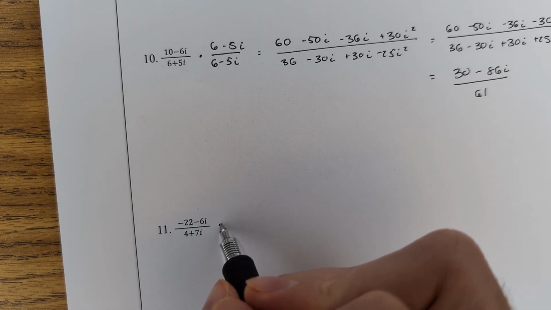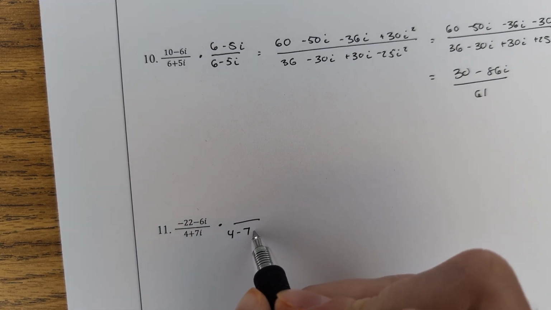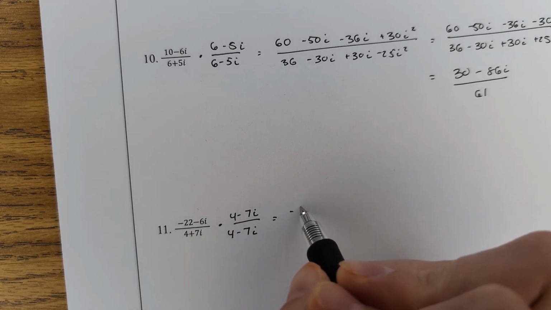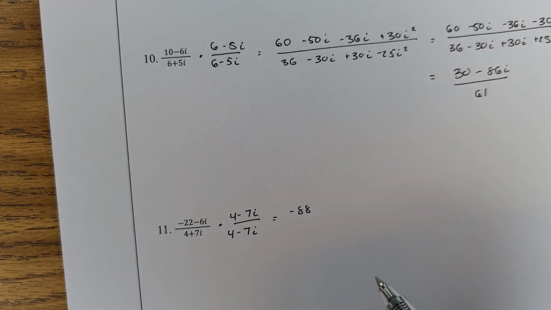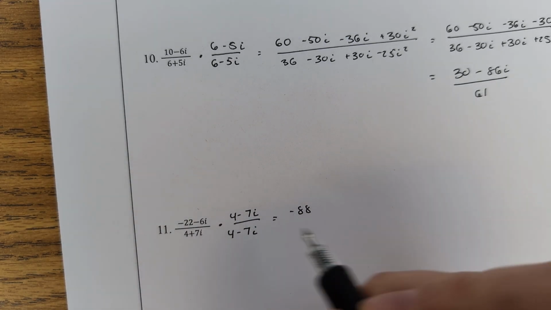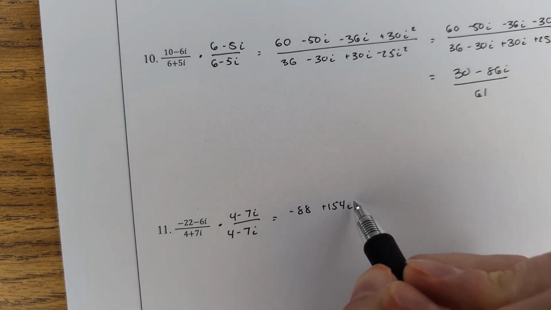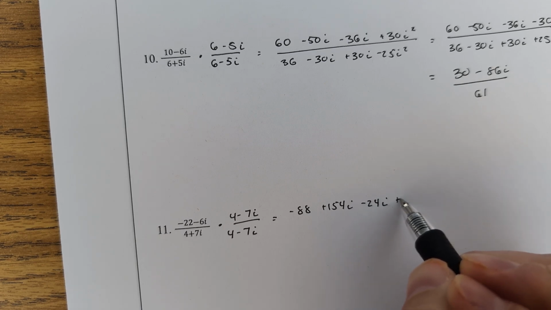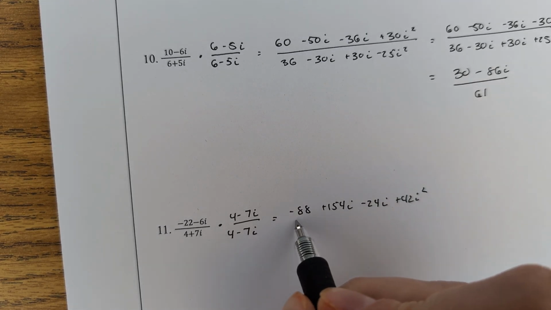Alrighty, so our last one, top and bottom by 4 minus 7i. Firsts would be negative 88, outsides 22 times 7 is 4, carry the 1, 154. So that's positive 154i minus 24i, and last would be plus 42i squared.